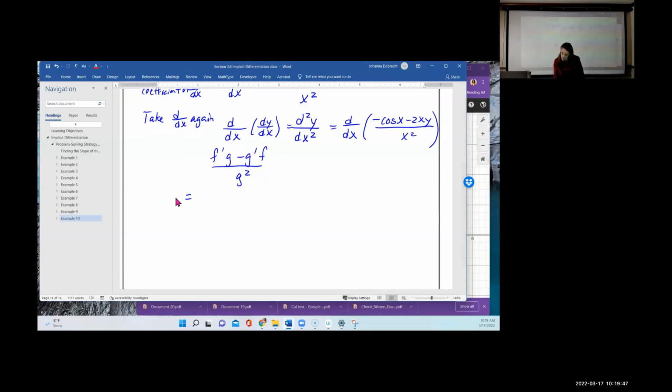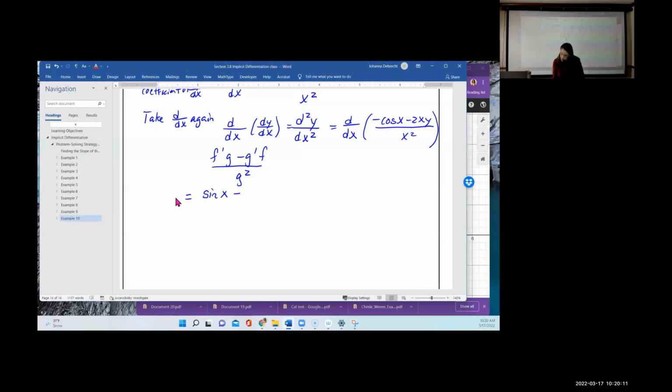So this is going to give me derivative of a negative cosine will give me a double negative sine, which becomes positive sine. So I get sine of x minus, and then I've got to apply the product rule.